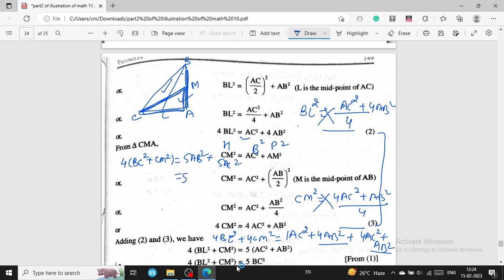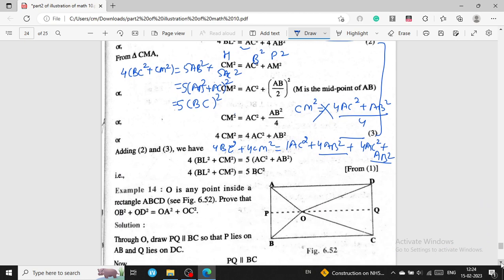You can take 5 common: AB square plus AC square. You can see AB square plus AC square is equal to BC square. You can write here 5BC square, and this will prove the question.